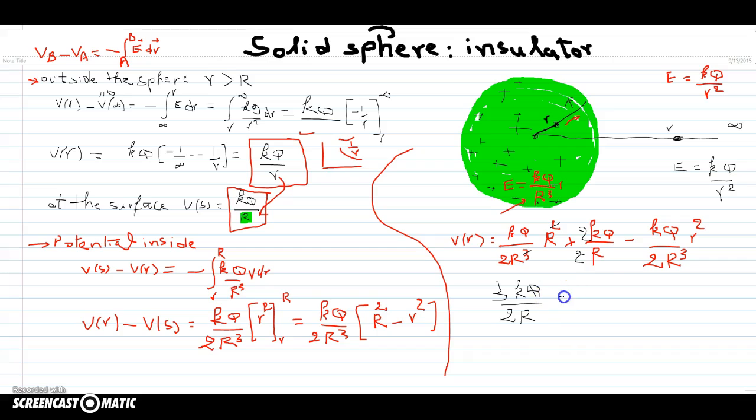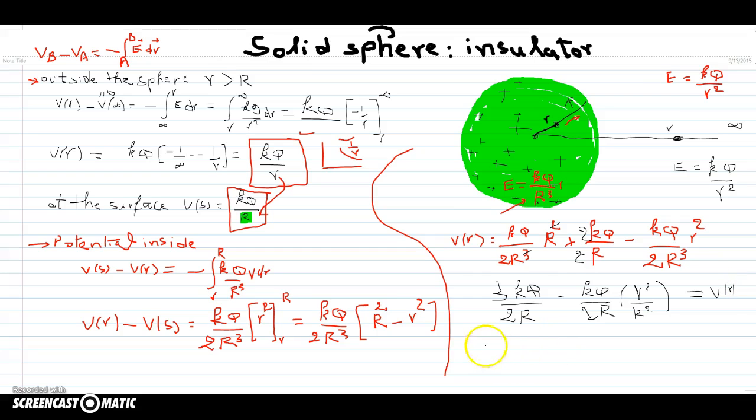And this is minus KQ over 2R times little r squared over R squared. You see R squared, R cubed. That is V of r.